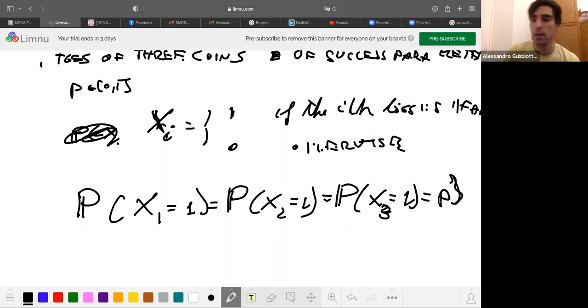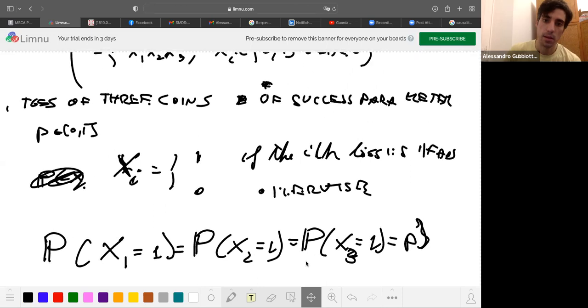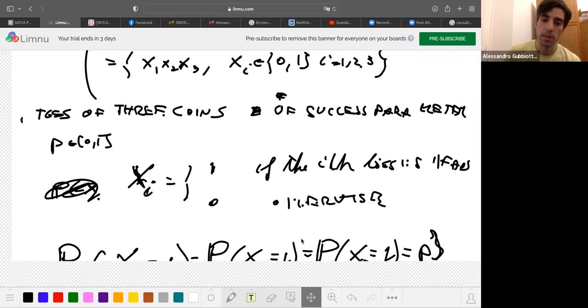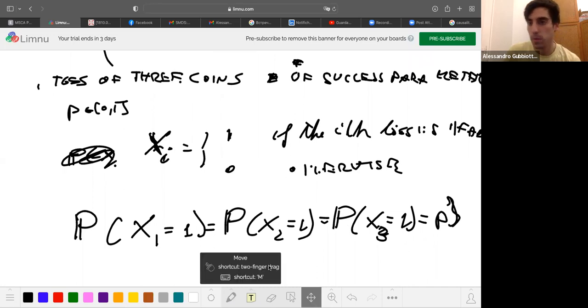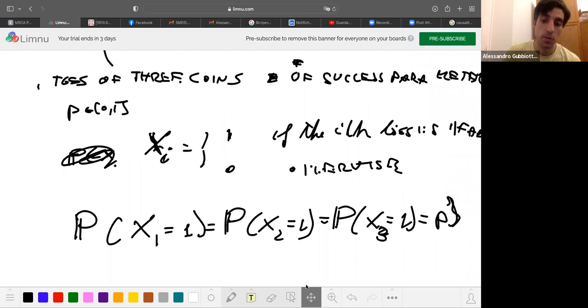So the probability that each coin separately gives heads is p. So we have 3 coins of success parameter p thrown independently. We will see later what the independence hypothesis is, but by now we have used the 2 data.